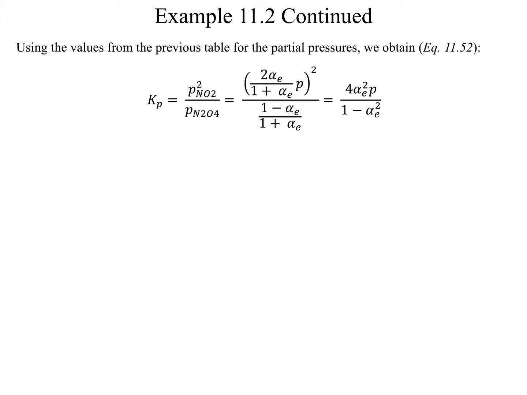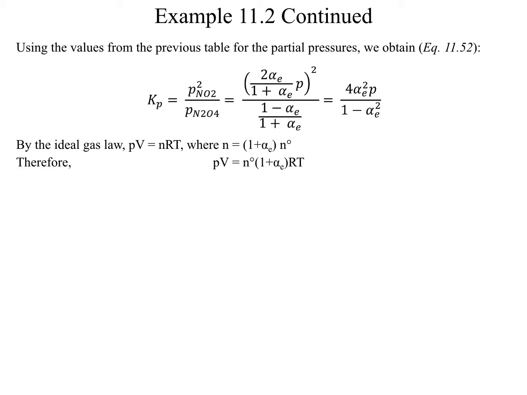Now you can write those partial pressures from the previous slide in terms of alpha, substitute them, square them, simplify, and you get 4 alpha squared times pressure P divided by 1 minus alpha squared. Of course, they're all equilibrium alpha values, which I have not mentioned.